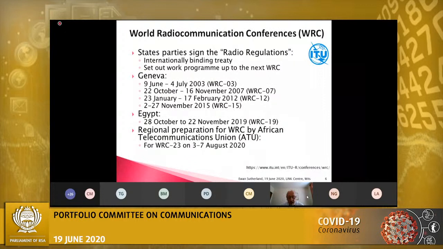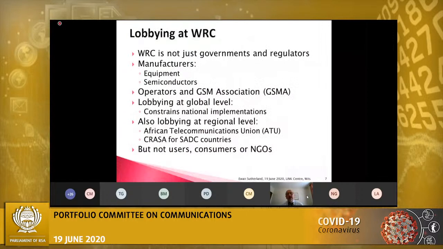Now, although this is notionally an intergovernmental conference, it's not just governments and regulators. The manufacturers are there. So Ericsson, Nokia, Huawei, ZTE, these guys are there and quite prominent. The guys who make the semiconductors. To go back for 1 second to smartphones. Smartphones look all very clever.